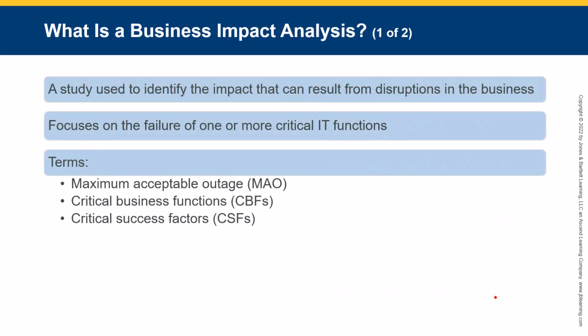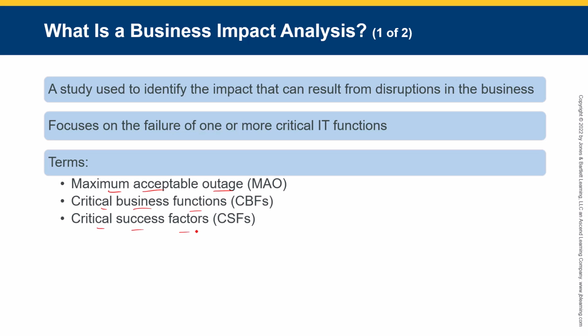Alright, so a study used to identify the impact that results from a disruption within the business, focusing on the failure of one or more critical functions. Key terms here: maximum acceptable outage, critical business functions, critical success factors.